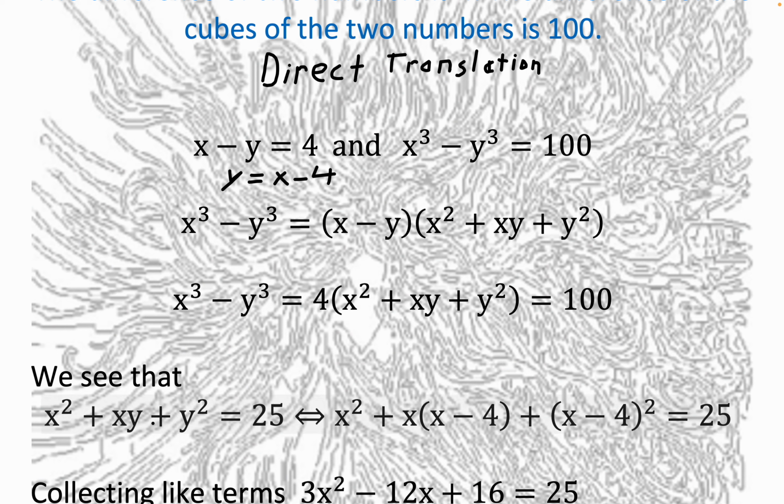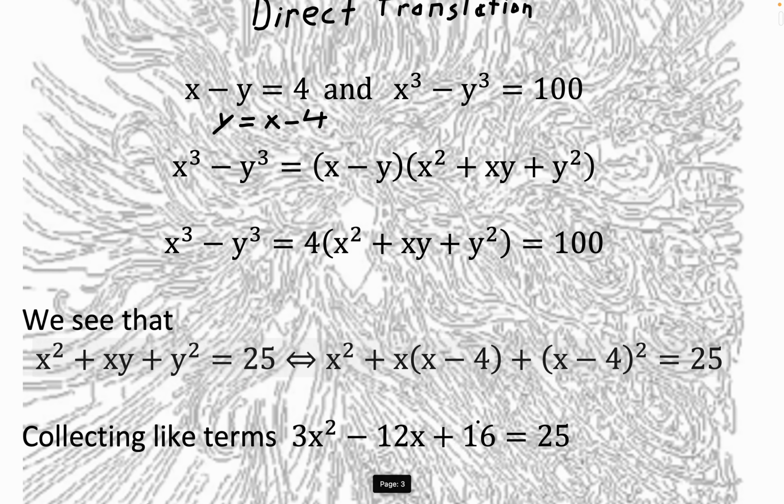We replaced every occurrence of y with x minus 4, and this leads to some straightforward algebra. Again, you can check it out. Maybe I left out some steps here, but x squared here, and x squared pops out of this to give you 3x squared. This gives you minus 4x. This gives you minus 8x, which results in the minus 12x term. Minus 4 squared is 16, equal to 25.